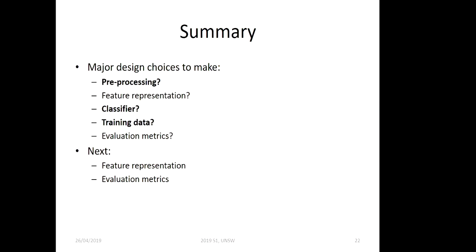So when you actually design a computer vision application or machine learning model, you would want to consider what are your design choices for all these 5 questions. If you need some pre-processing of your data, most cases you will need some, but try to keep it to the minimum so you wouldn't make your system overcomplicated. And then feature representation, I will cover it in the subsequent hour. It wasn't really an issue for the handwritten digit recognition, but in many other applications, you do need the feature representation step.